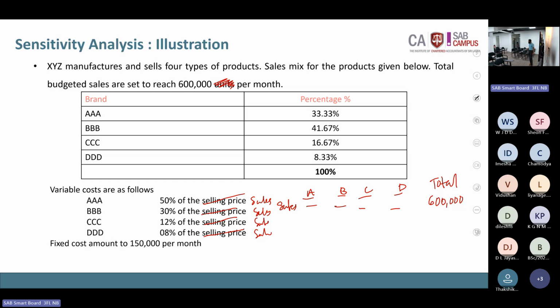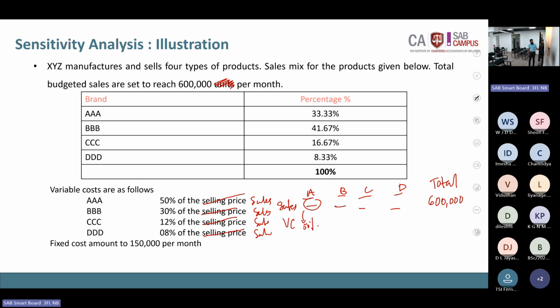Then to calculate the contribution, what we need? Sales, then we need the variable cost. Right. Variable cost they have provided, but we have to do a calculation. 50% of the sales, we have to identify it as variable cost.